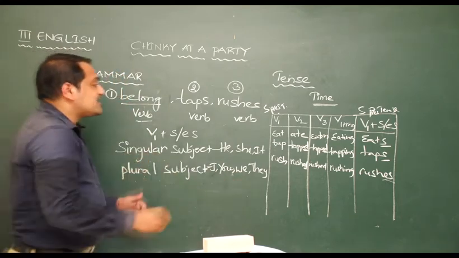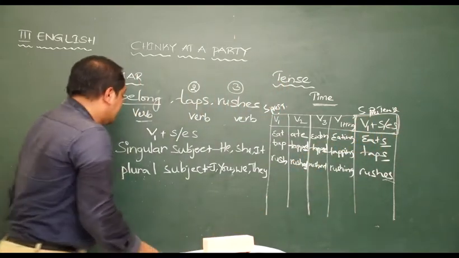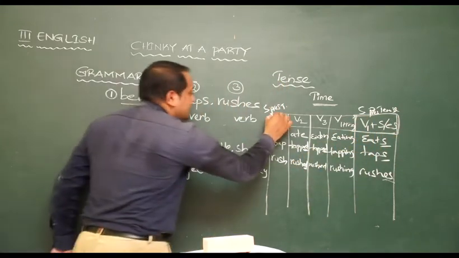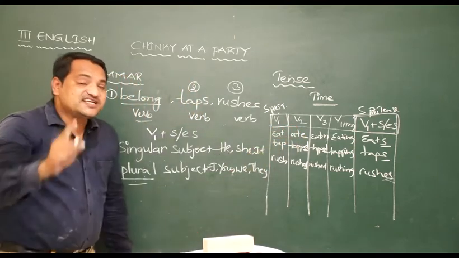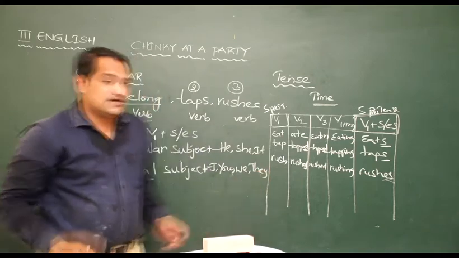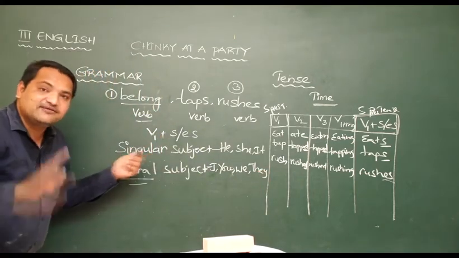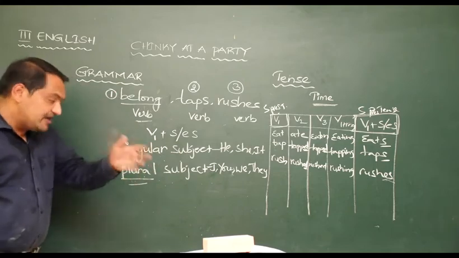With singular subjects, we get V1 plus S or ES. With plural subjects, we get V1. Singular means one, plural means many. I repeat: singular, single, one; plural, many.